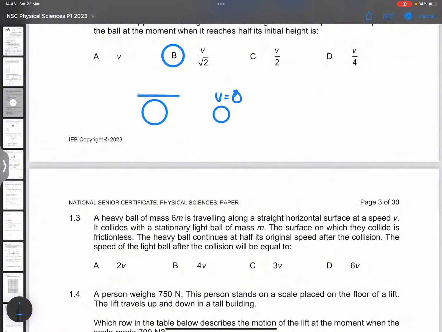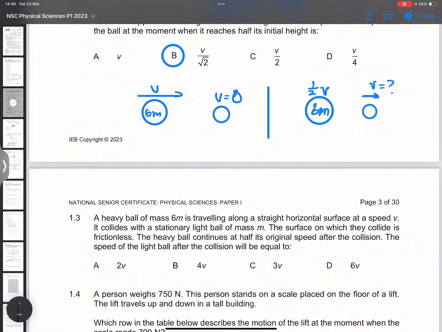They told us this guy is 6m and moving at a speed of v. But afterwards, we know that this guy will be moving at half its velocity, at 6m. So we want to know what will be the speed of the light ball.